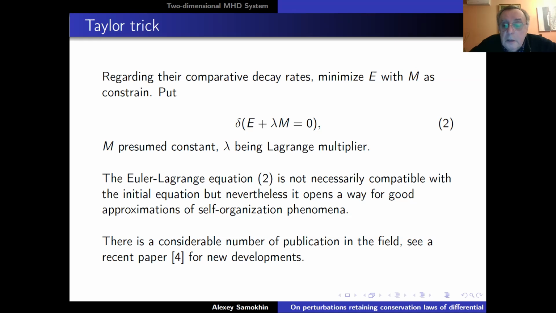This Taylor trick is widely used. There is a school in Moscow University, there is a school in Holland where this trick is used to obtain not quite exact solutions, but they are quasi-stable. This is very important for numerical methods.